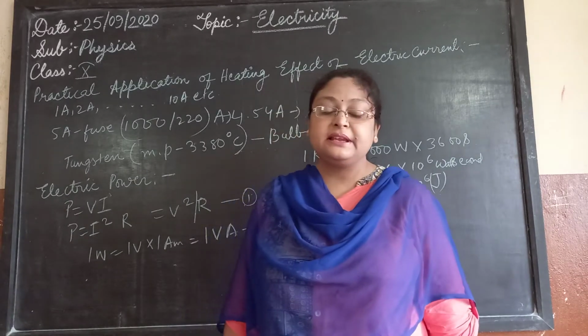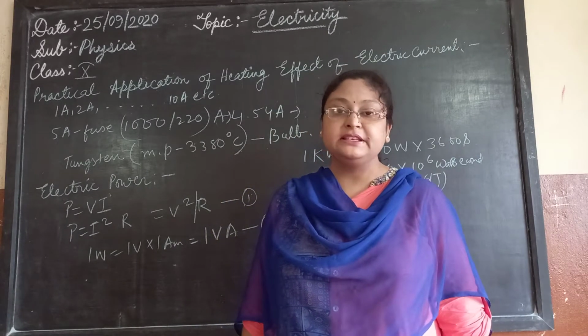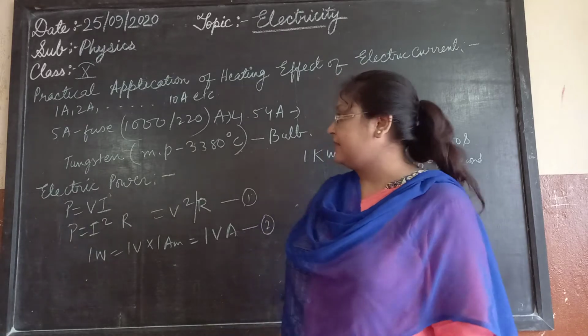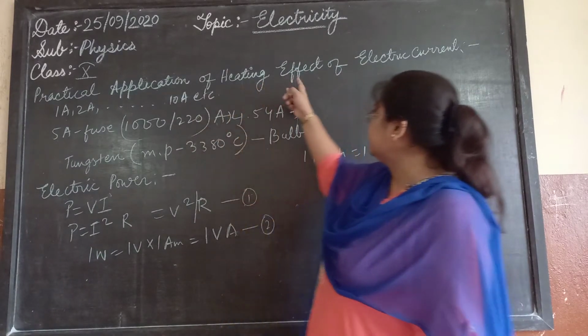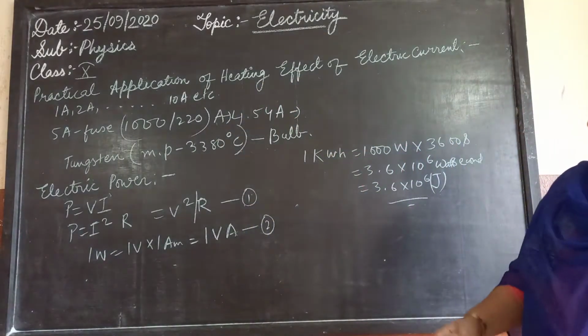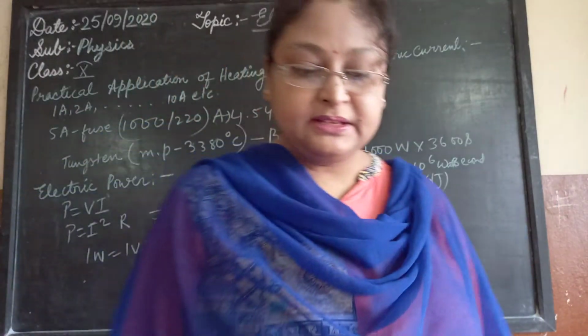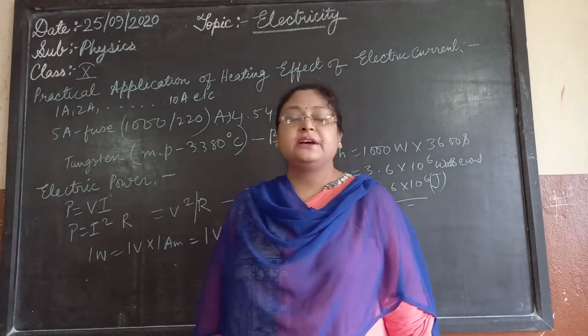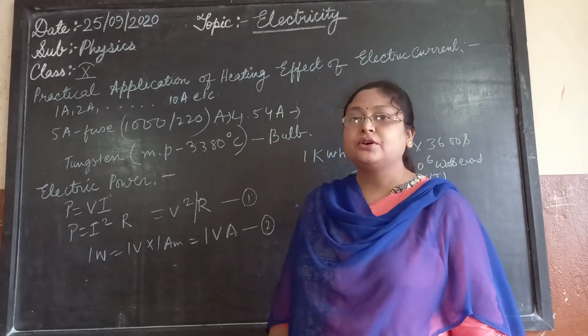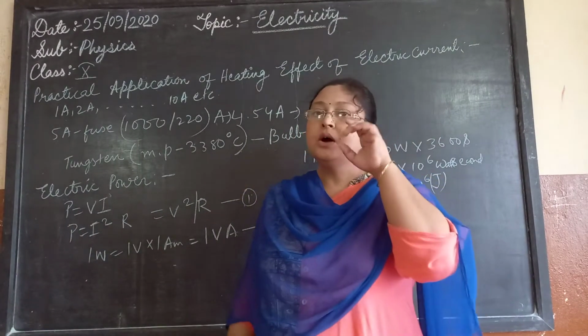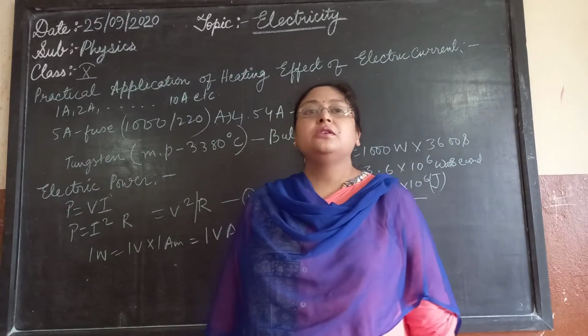So the next topic is the practical application of the heating effect of electric current. This is what happens when we connect any kind of device to our circuits and it runs for a longer period of time.